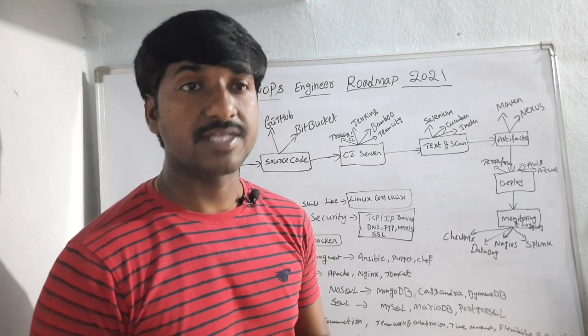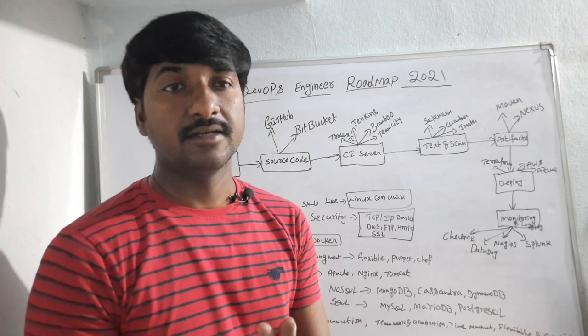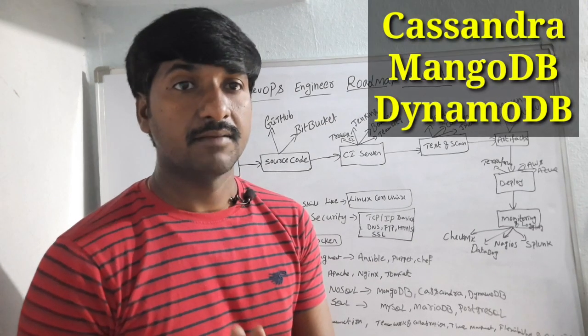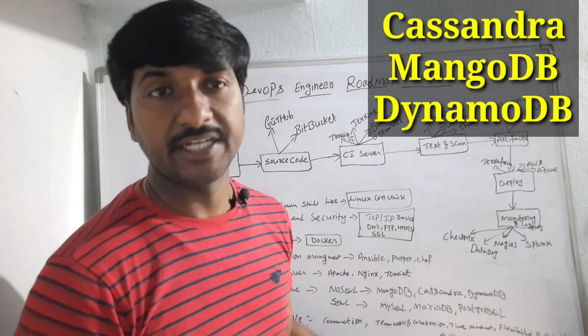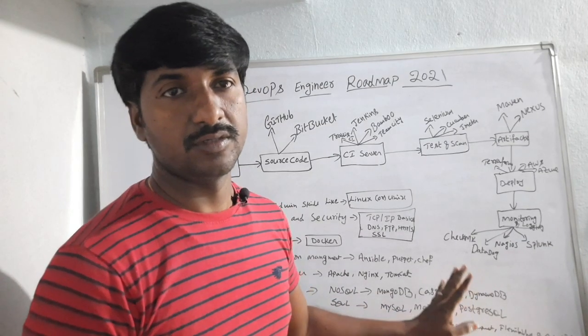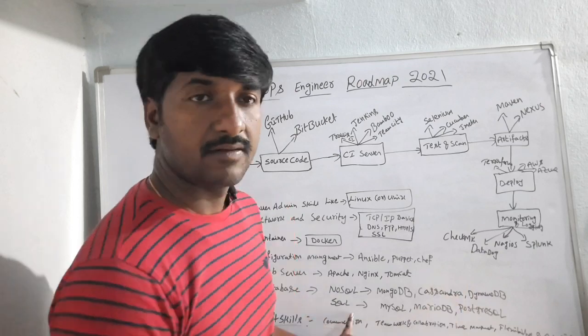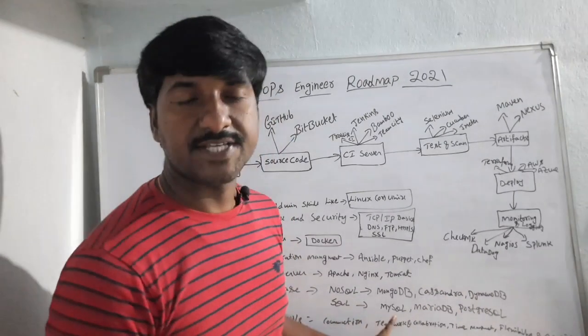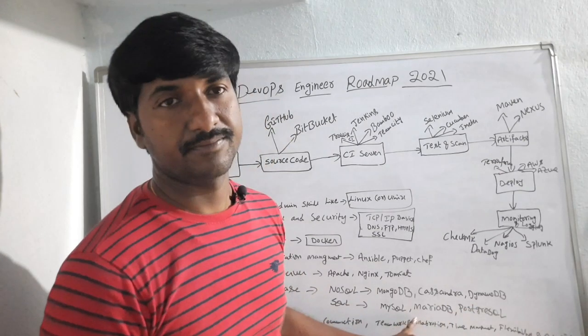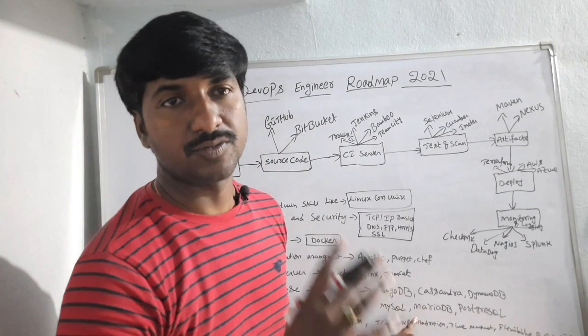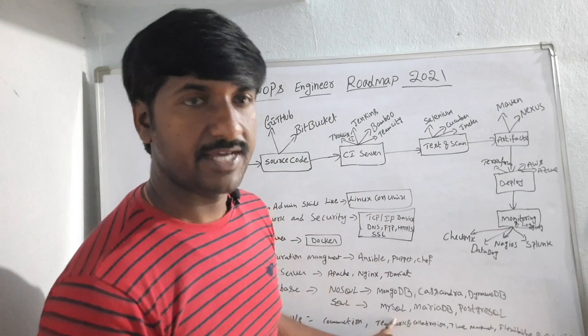From NoSQL, you should have experience with Cassandra, MongoDB, and DynamoDB. Any one or two databases experience is required. From SQL, you must have experience with MySQL, PostgreSQL, or MariaDB. Any one or two database concepts are required.